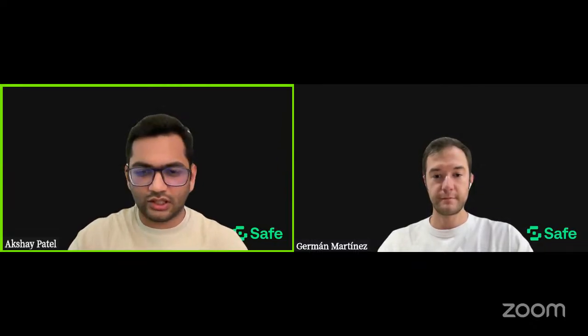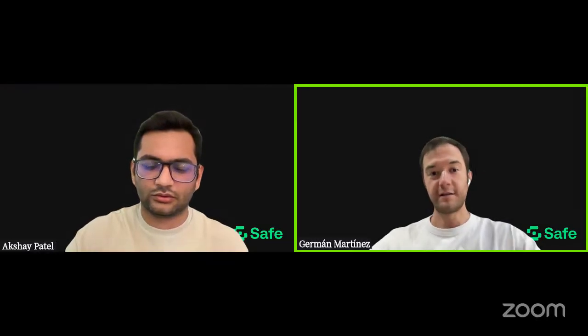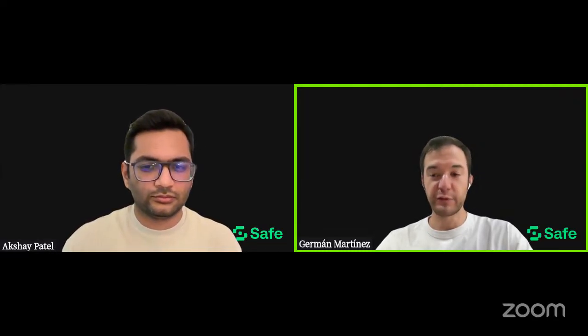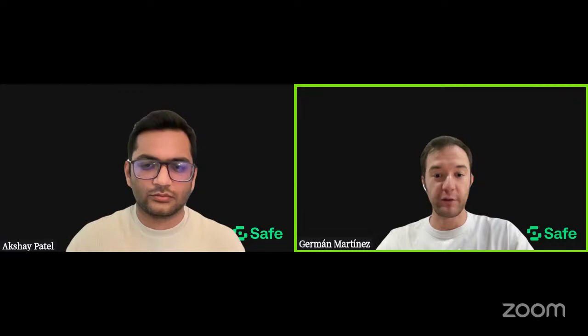Let's see if we have anything else to share. Germán, do you have anything? Yeah, just want to say thank you, Akshay, for the very detailed explanation of the 3 different approaches and the great demo. I think overall we can say that the value proposition Safe is bringing here is entering the EOA wallet ecosystem with our battle-tested contracts.